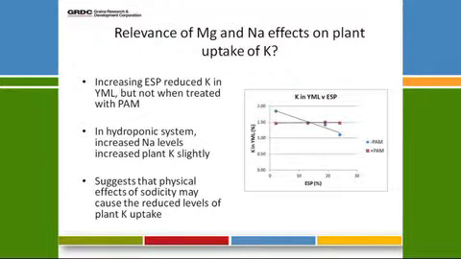In addition to that, she had a hydroponic system, and increased sodium levels actually increased potassium uptake slightly, which seems to be a little bit counterintuitive. But cation competition, that can actually happen. So it looks like the soil physical problems could actually be a major part of what's going on, despite the fact that there's 3 or 4 different things happening.